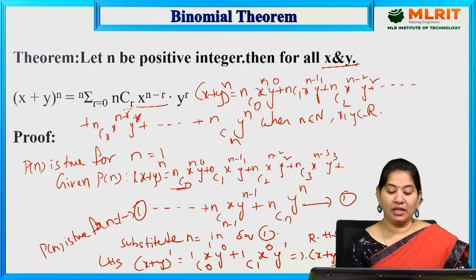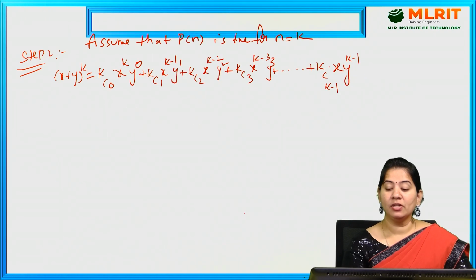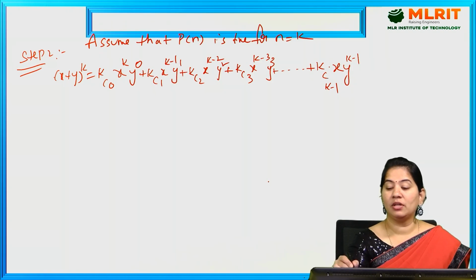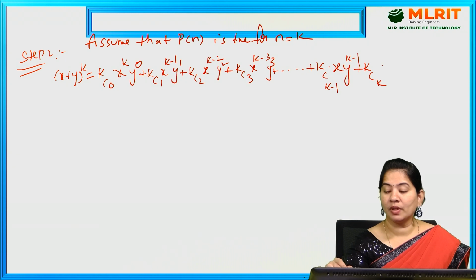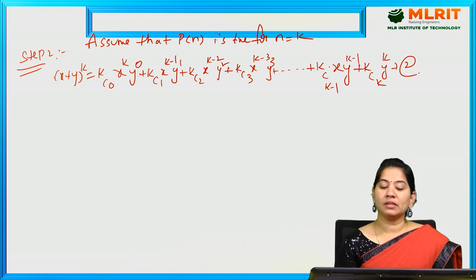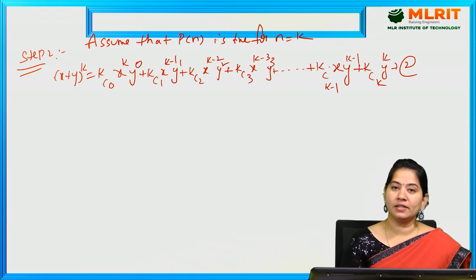This is the equation: nC(n minus 1) x into y power n minus 1. So here I am writing k minus 1, plus kCk y power k. This is equation 2, assuming that P of n is true for n equal to k.